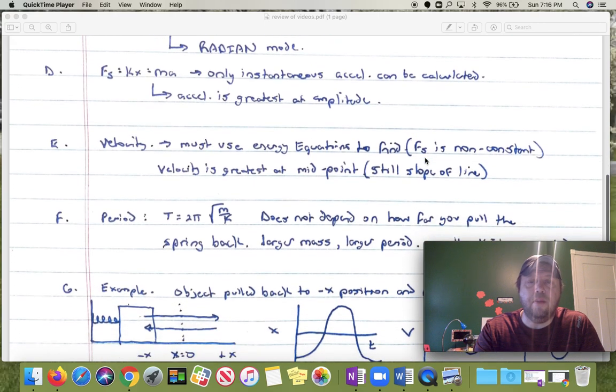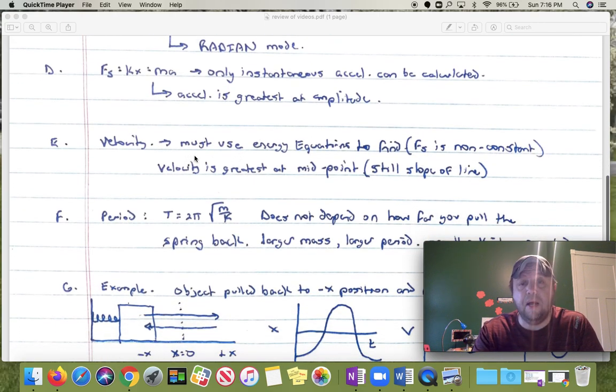Okay, I already mentioned this a little bit with velocities, but we can find all the velocities, but we need to use our energy equations. Don't try to use kinematics anywhere on any of these mass spring oscillations because that's not going to work. Several of you on handout 811 last week tried to use some kinematic equations, and that just is not going to work for these because you have a non-constant acceleration.